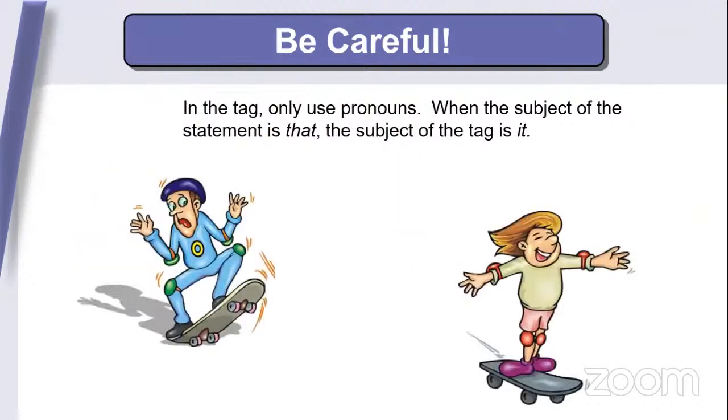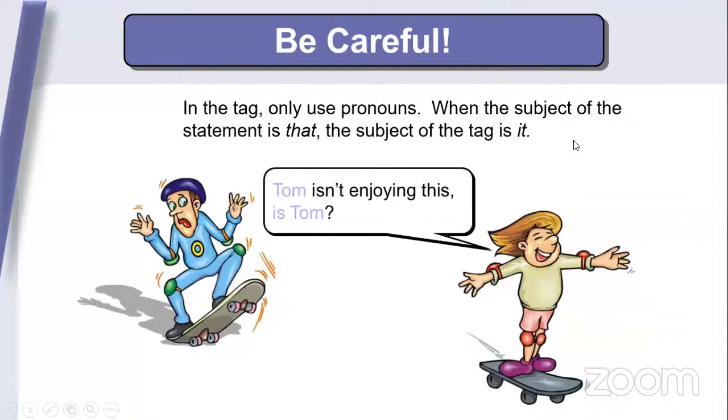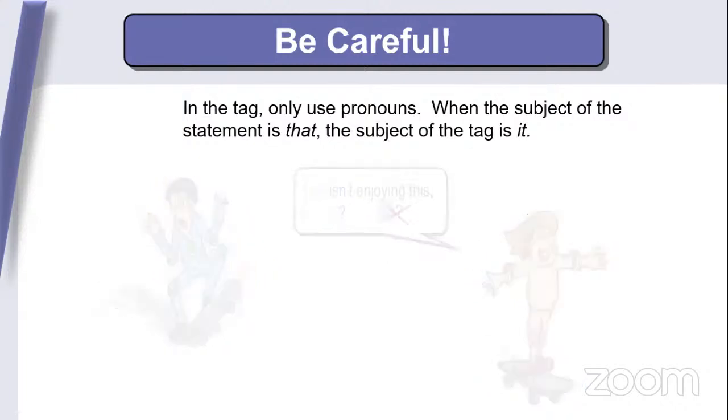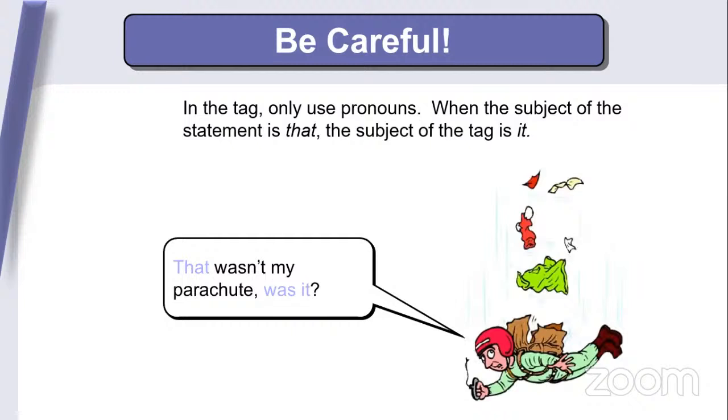In the tag, only use pronouns when the subject of the statement is that, the subject of the tag is it. So it's also interesting when we have that, we're gonna use it. Like, Tom isn't enjoying this. Is Tom, or we can say no, right? Is it, or is he in this case? Sorry. But that now is different. That wasn't my parachute, was it?